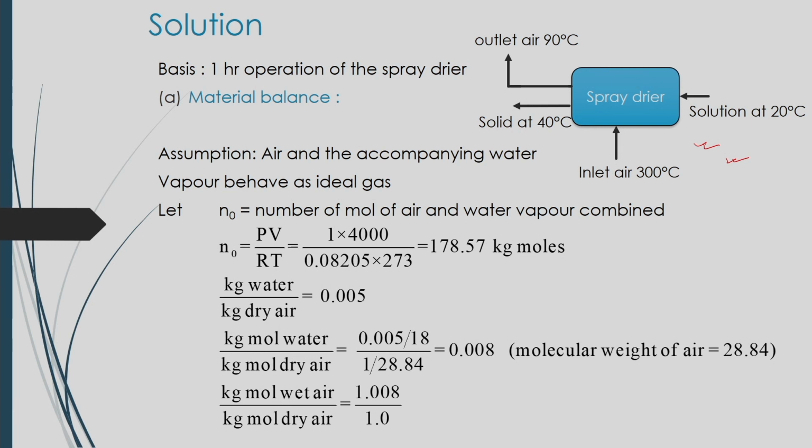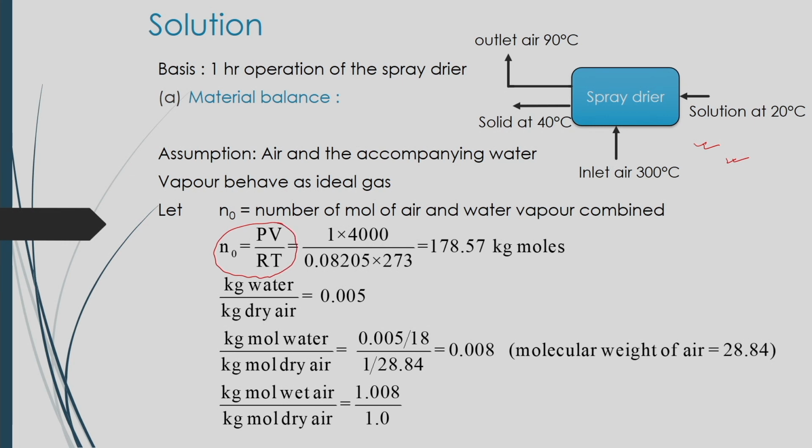Now, assume that air and the accompanying water vapor behave as ideal gas. So, in this case let N0 be the number of moles of air and water vapor combined coming to the spray dryer. Since it behaves as ideal gas, we can write the ideal gas equation: N0 equals PV by RT.